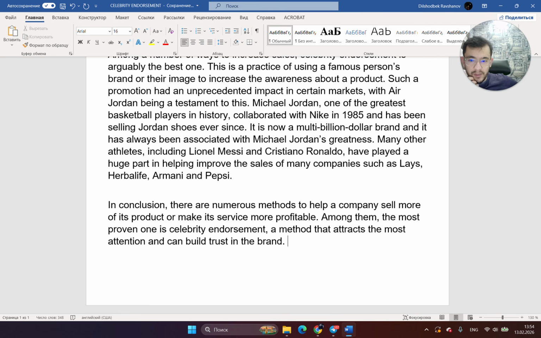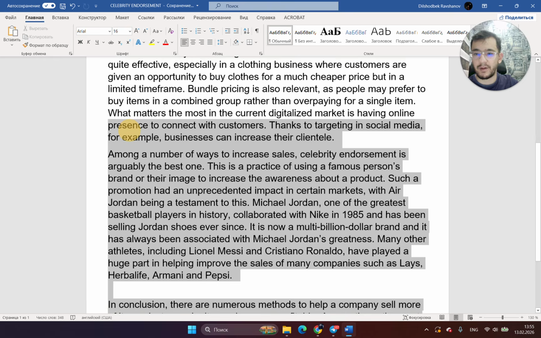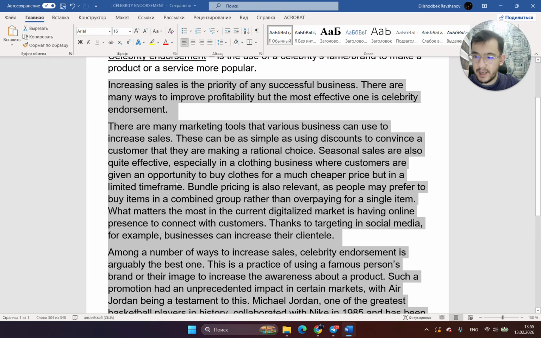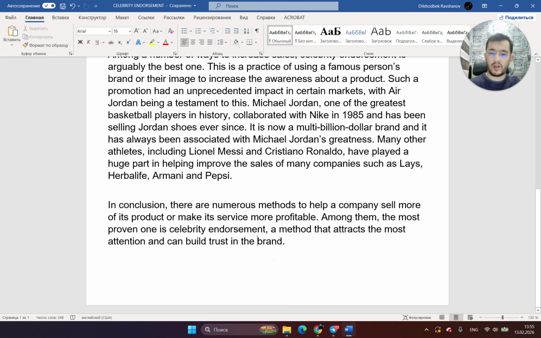A method that attracts the most attention and can build trust in the brand. Not always, but it can. So I'm using this for a good reason, because I don't want to overgeneralize. But anyways, this is 304 words. Good enough for a 2 classic main body approach.